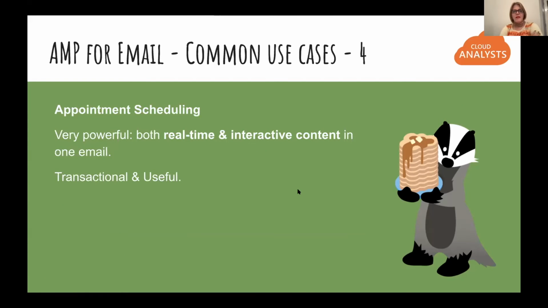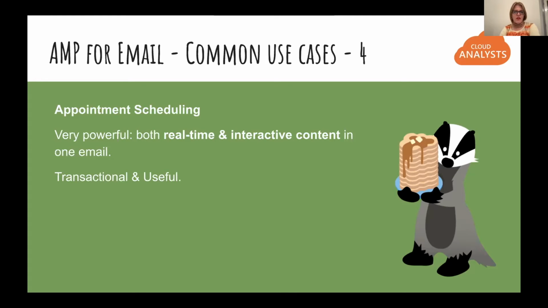So that was your third one, your form. The next one, and this is really the ultimate, is appointment scheduling. When you think about it, what is appointment scheduling? It is both interacting and providing data like a form, right? In a way, it's a form fill. But it is also providing information from your server that is updated in real time.